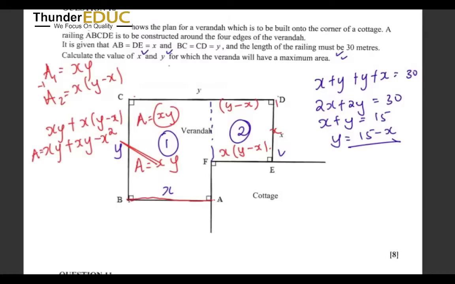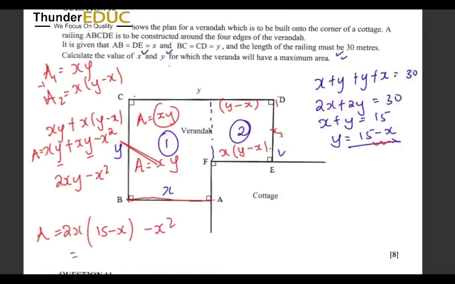So this is the total area. Now we can replace y with 15 minus x. Let me simplify first: xy and xy gives 2xy minus x squared. So it's 2x into 15 minus x, minus x squared.